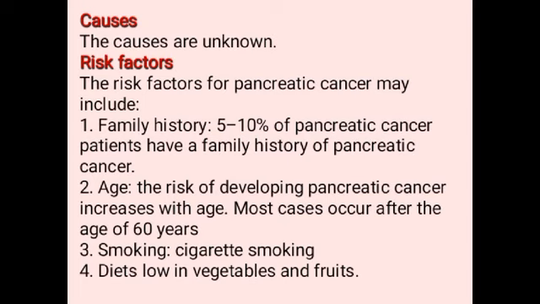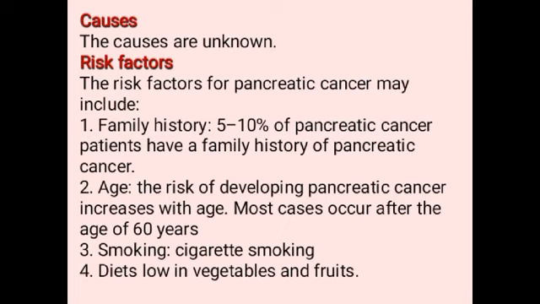What we know are the predisposing factors, what influences the occurrence of this cancer. So the first predisposing factor is the family history. If this cancer runs in the family, there are high possibilities of an individual who belongs to this family of orientation to be found with pancreatic cancer.